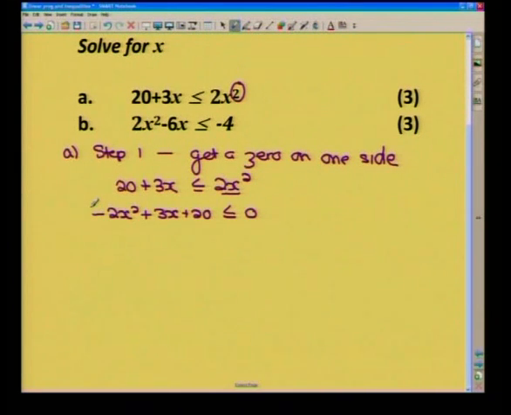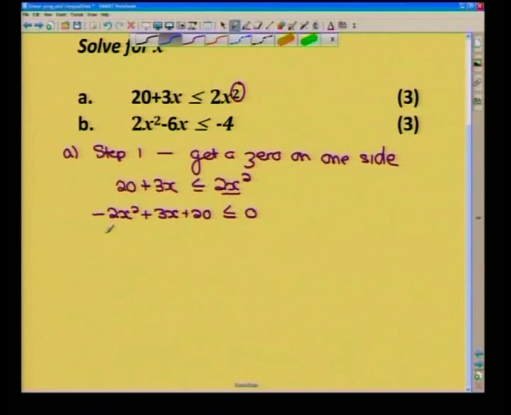It's hard to factorize. So what did we have as a rule right in the beginning? We said if we ever multiply or divide by a negative, we have to reverse our inequality. So let's do that. Let's pick another color, and let's do just that. So if we times by negative 1, we're going to get 2x squared minus 3x minus 20, and this is going to reverse to greater than or equal to 0.